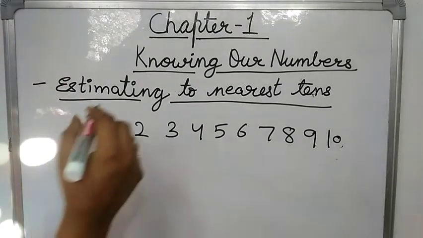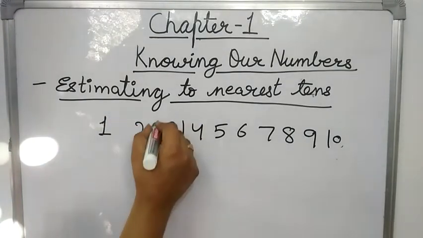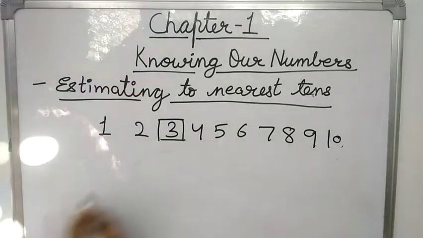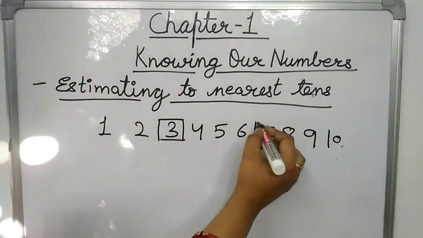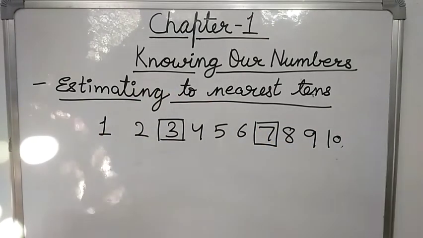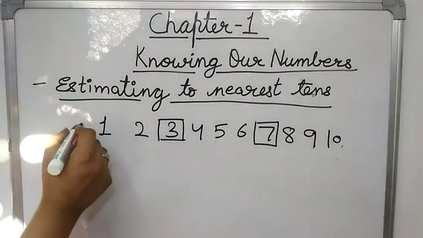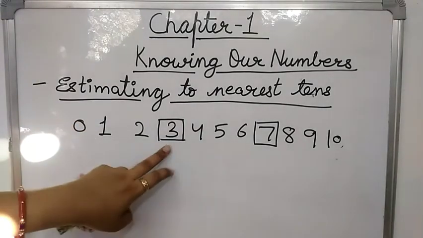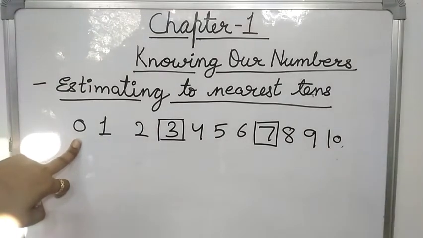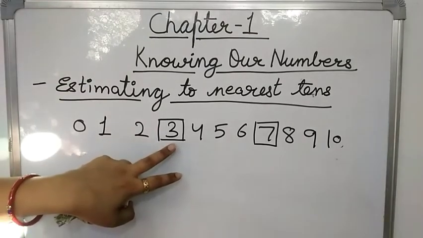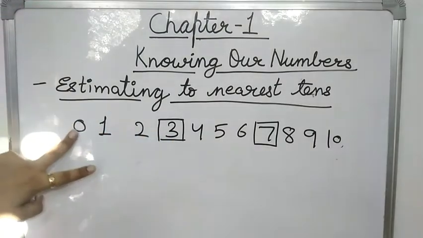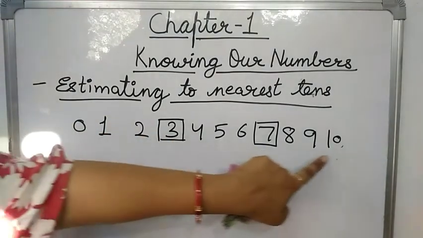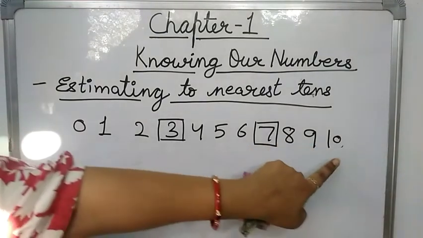If I ask you to estimate number 3 to its nearest tens and number 7 to its nearest tens, can you tell me, is 3 near to 10 or 0? 3 is near to 0. So whenever you have to estimate number 3, you will estimate it as 0. And 7 is near to 10. So 7 will be estimated as 10.